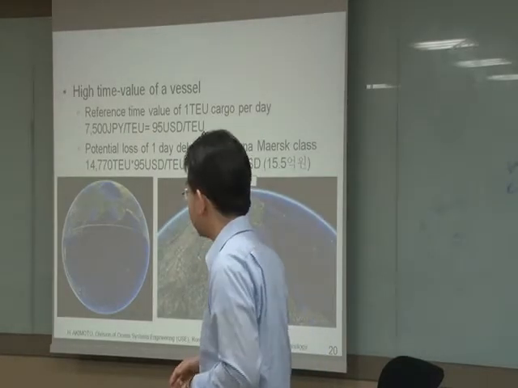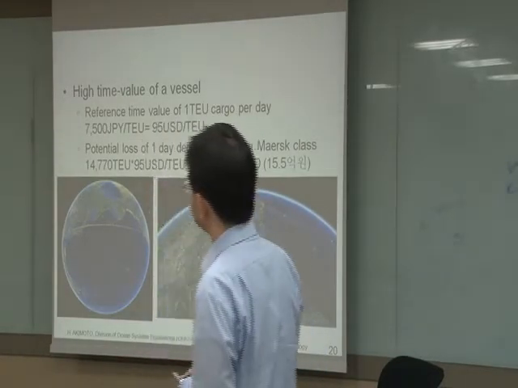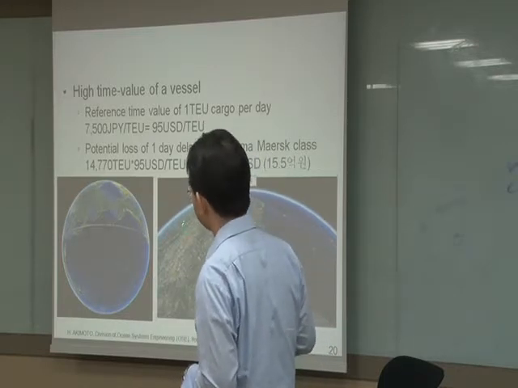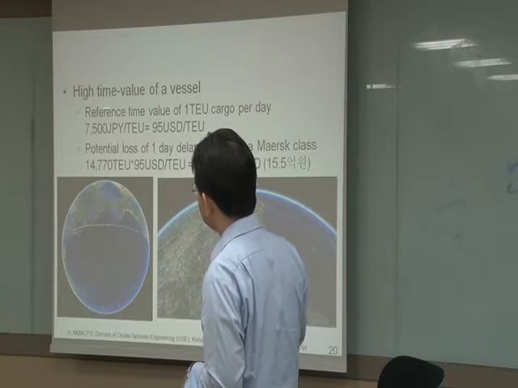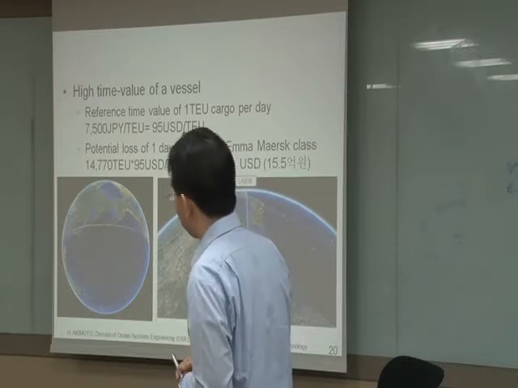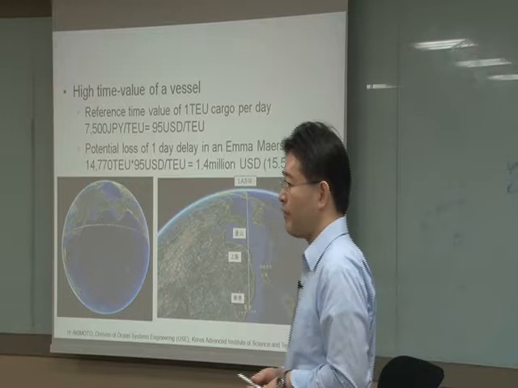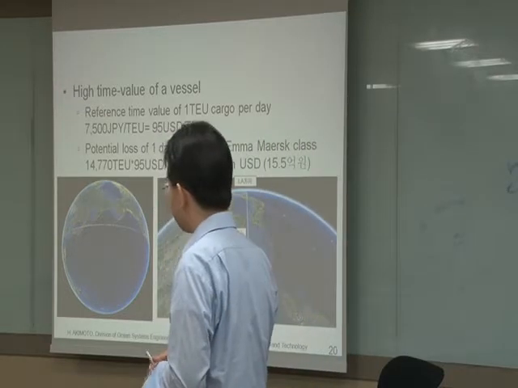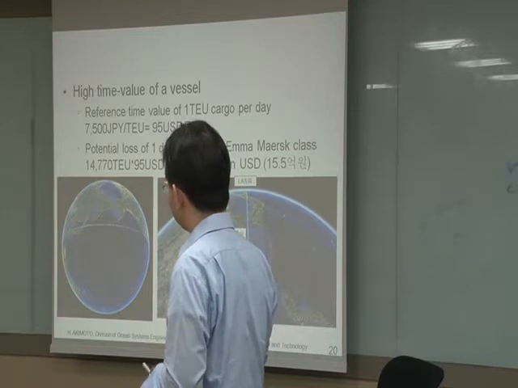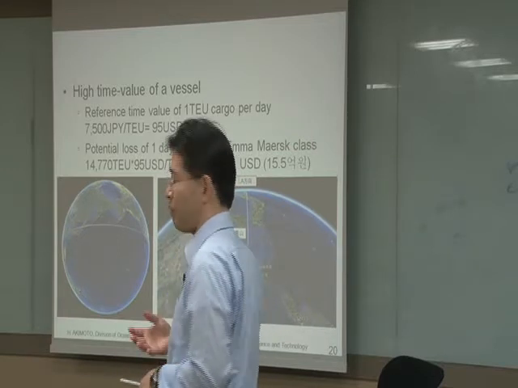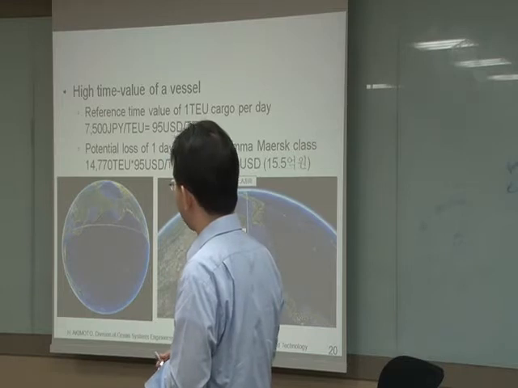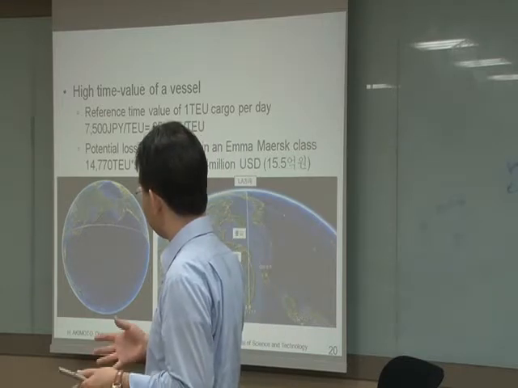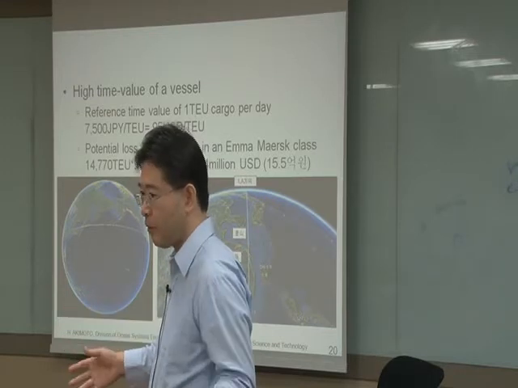I think this slide is not included in the previous PDF because I added this one today. This shows high time value of a vessel. Actually, the value of time is not constant. The value of time depends on the materials contained in the box.